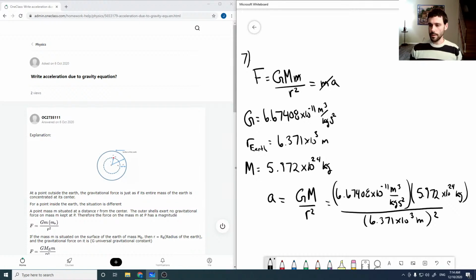So now the kilogram is going to cancel. The meters will reduce this to just the meter, so we've got meters per second squared, which is an appropriate acceleration unit.